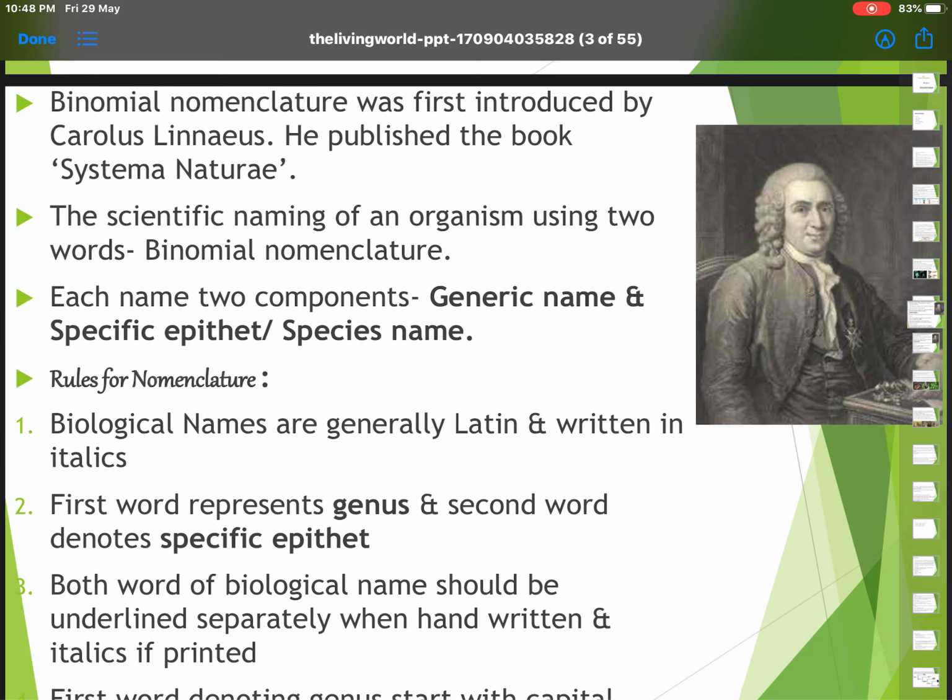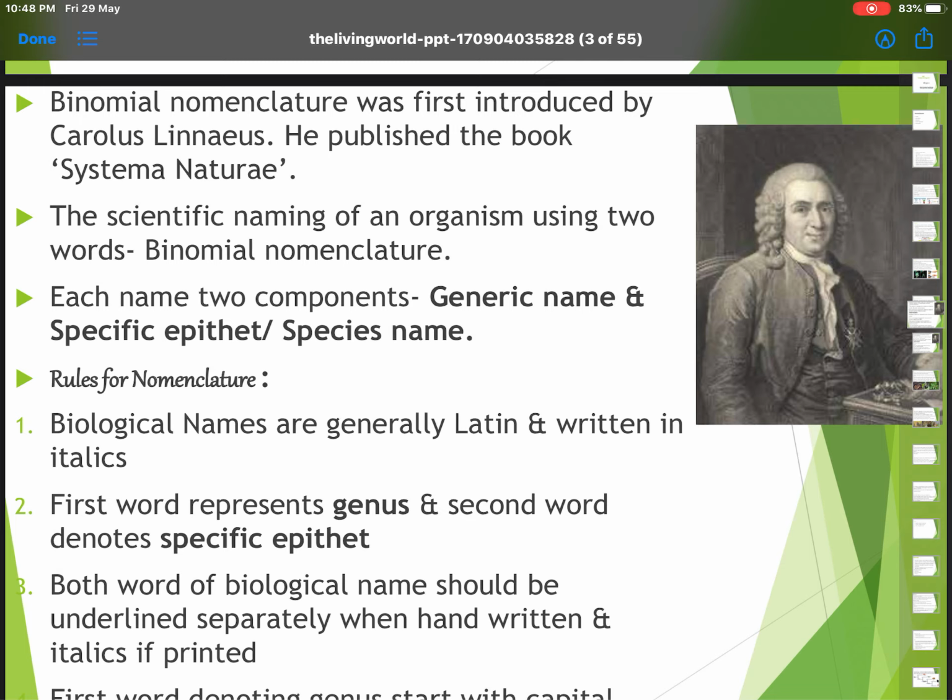It is a system of classification developed by Carl Linnaeus, wherein each organism is given only one name, but that one name consists of two words. The first word is called the generic name or genus, and the second part is called the specific name or species name.